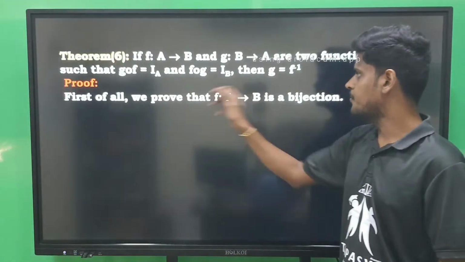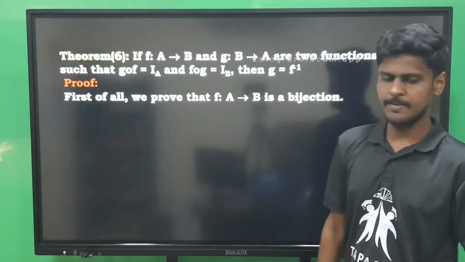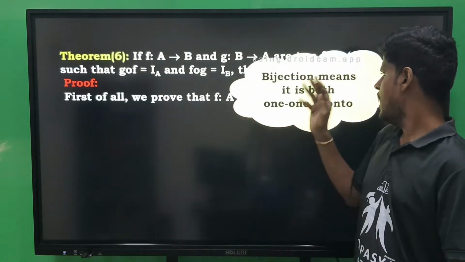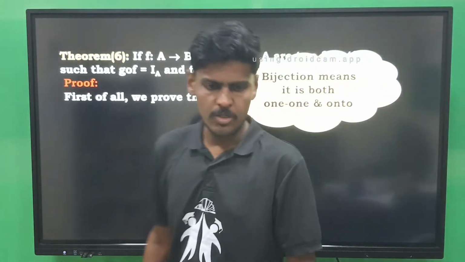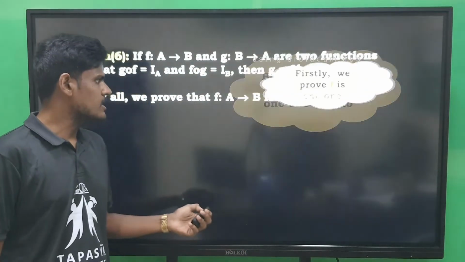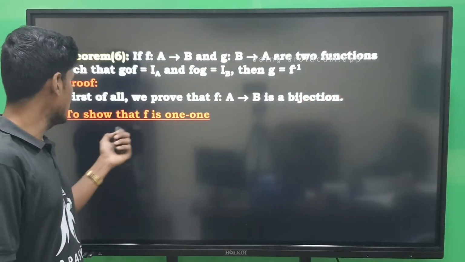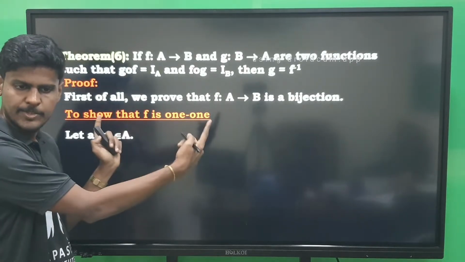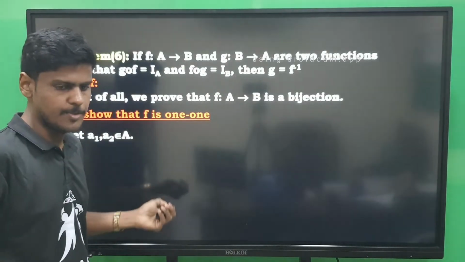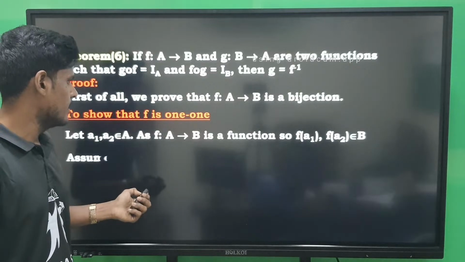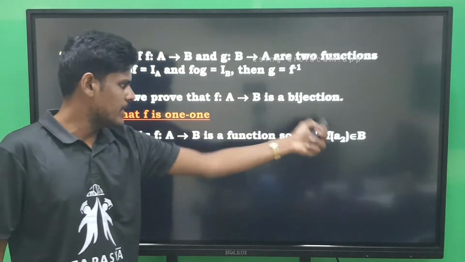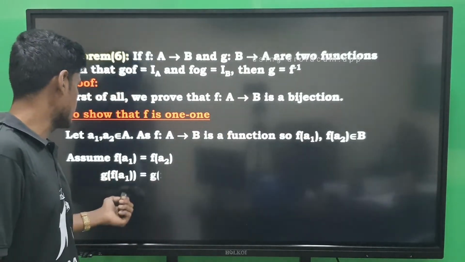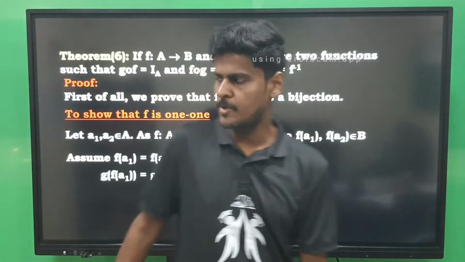So first we should prove that f is a bijection. That is nothing but one-to-one and onto nature of the function. And f is one-to-one means, how to prove this? We will assume two values in set A and see if the input is also the same. So let f of a1 equal to f of a2, means we should prove a1 equal to a2.